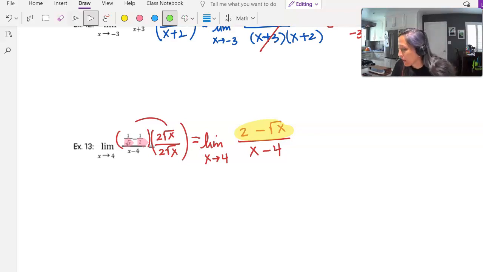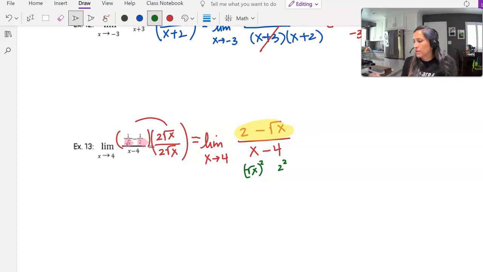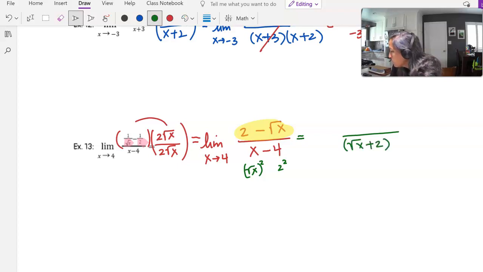They went and said, okay, well, x is the square root of x squared, and 4 is 2 squared. So there's no reason I can't rewrite this as the square root of x plus 2 and the square root of x minus 2. That's the same. That's equivalent, right?